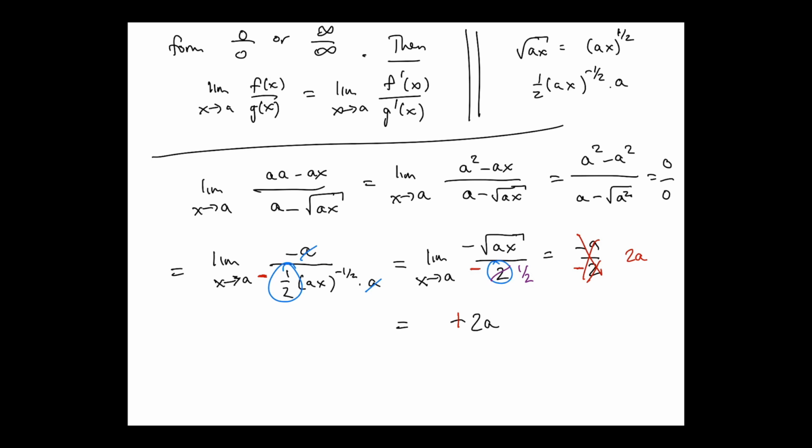Dividing by half is really multiplying by 2, not dividing by 2. So fix that, and we end up getting 2a as our answer, which is what L'Hopital said it would be. Okay, good. That's not too horrible, is it? No? Yeah, okay.